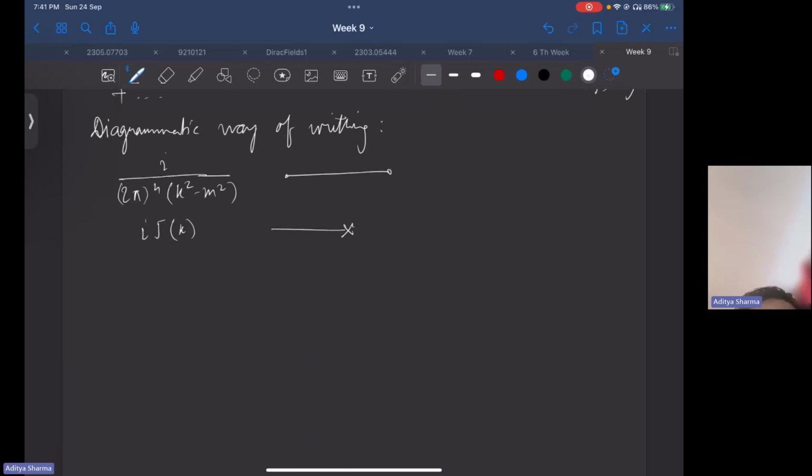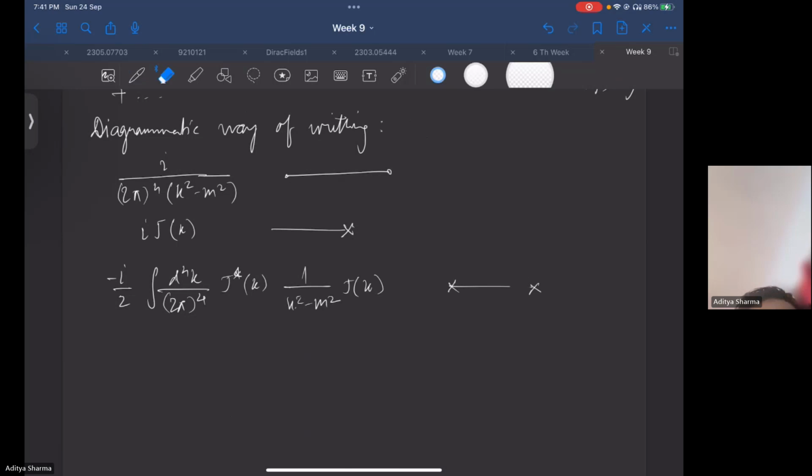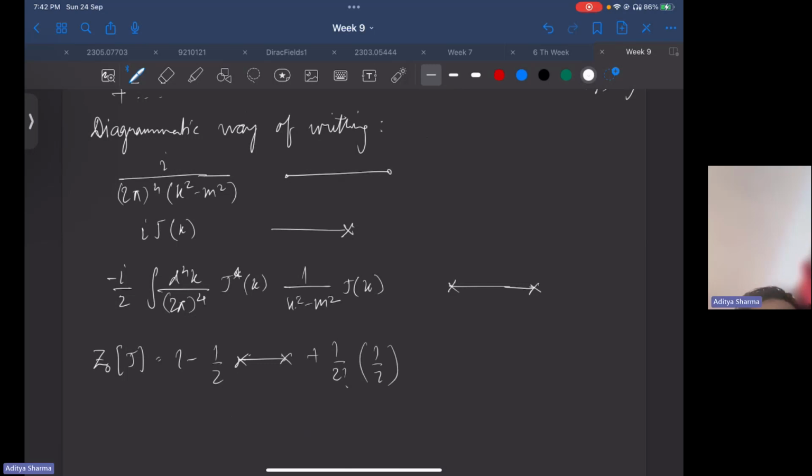So Z naught of J can be written as 1 minus half, plus 1 by 2 factorial square.